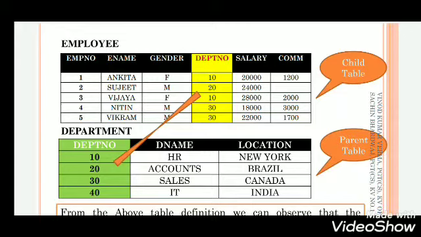That means whenever a value will be entered in debt NO column of employee table, first it will be checked whether that particular department number is available in department table or not. If no entry is there, then you will get an error, okay, and you won't be able to enter that particular record.